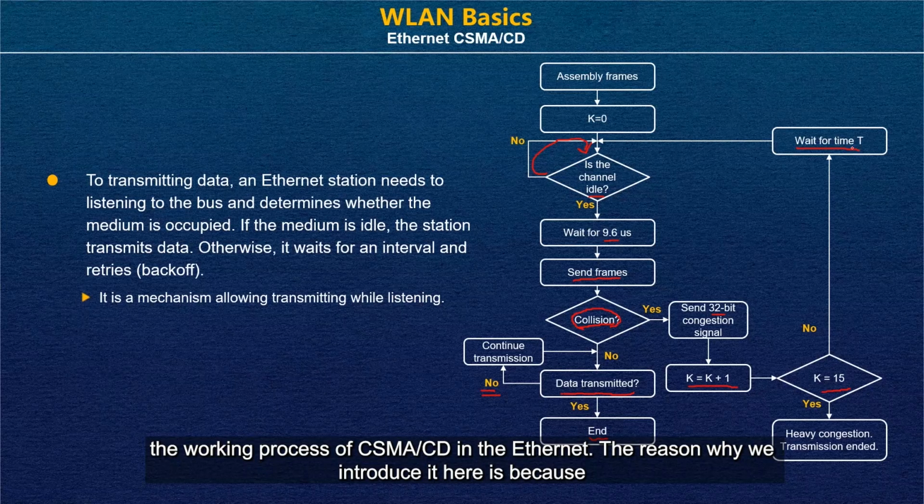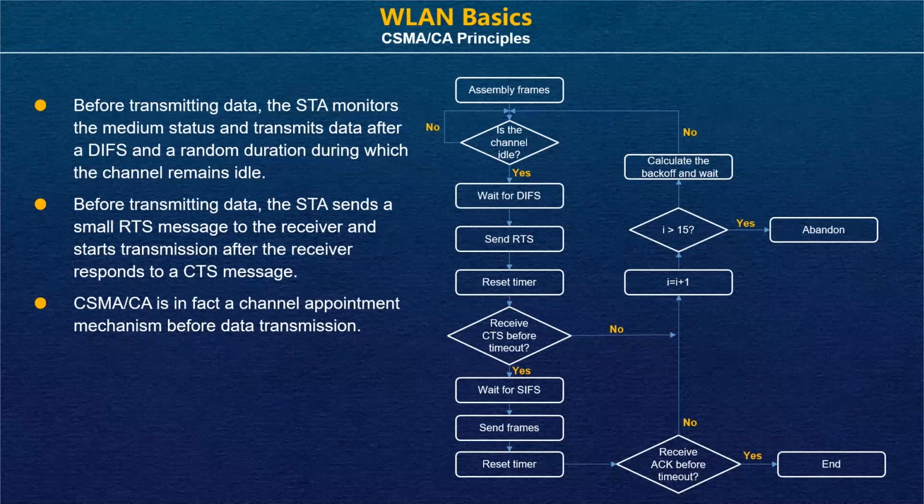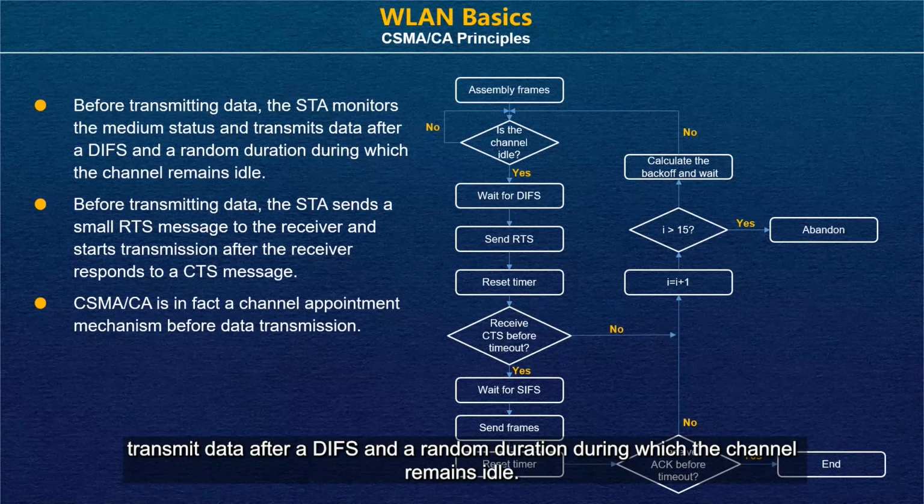Okay, the reason why we introduce it here is because we want to introduce the CSMA CA principles, which is used in the wireless network. Okay, let's see the process. Before transmitting data, the STA monitors the medium status and transmits data after a DIFS and a random duration during which the channel remains idle.